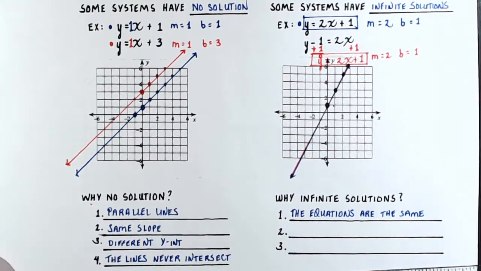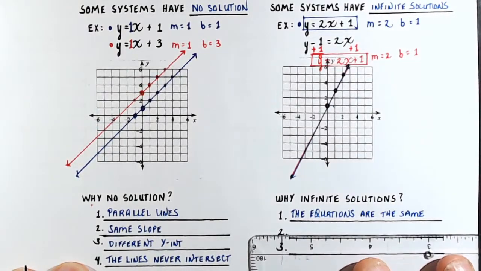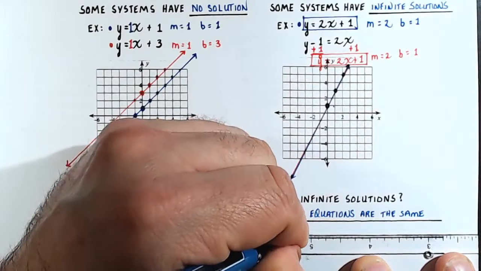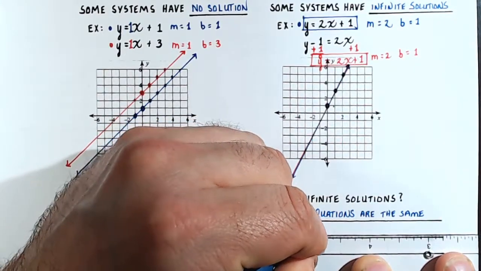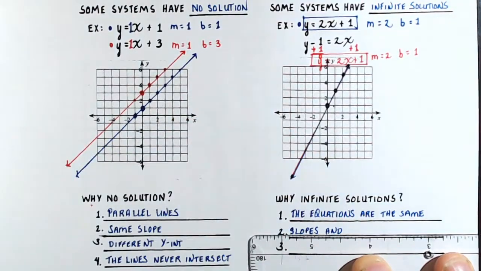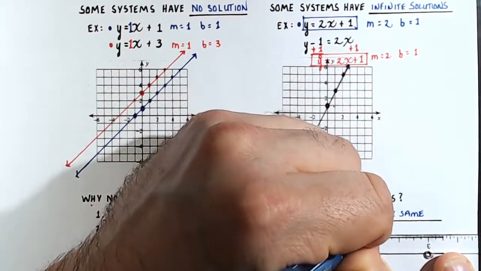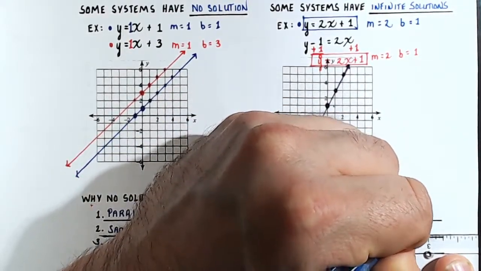Okay, but why are they the same? If you had to just look at the equations themselves, what would you tell me about their slopes and their y-intercepts? You'd say slopes and y-ints the same.